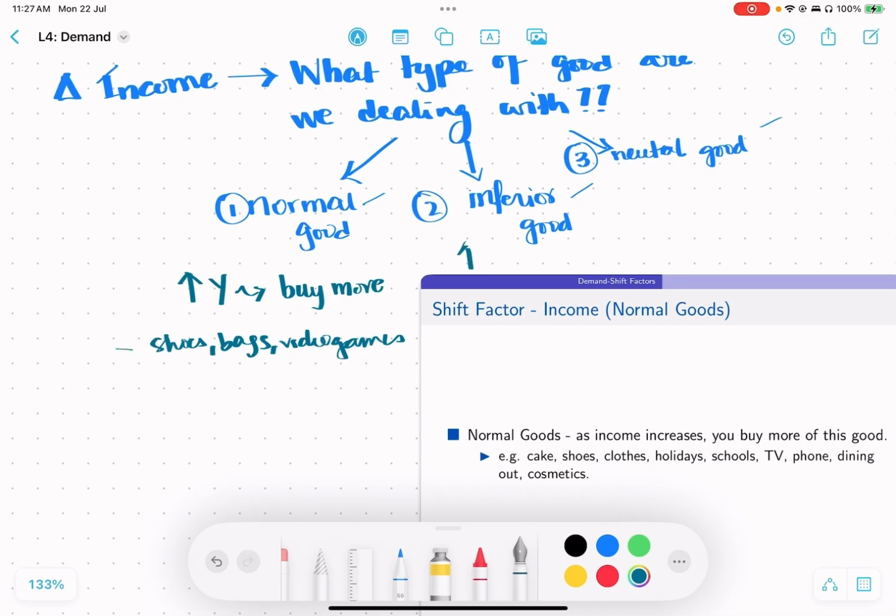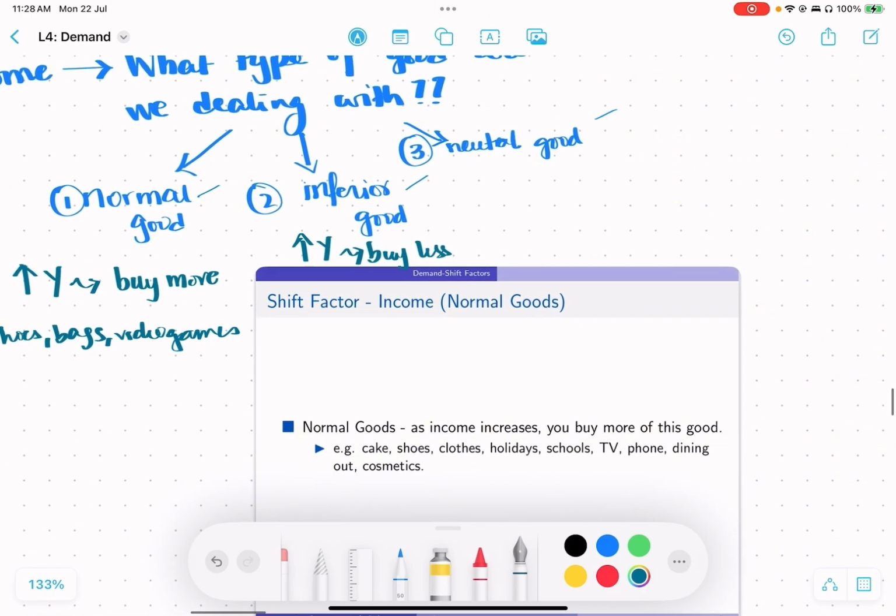Inferior goods are goods where when your income goes up, you actually end up buying less. Now, have you seen this happen? Well, think of something like, let's say, mota chalar bhat. If you've ever had it, it doesn't taste that good. It's quite flavorless.